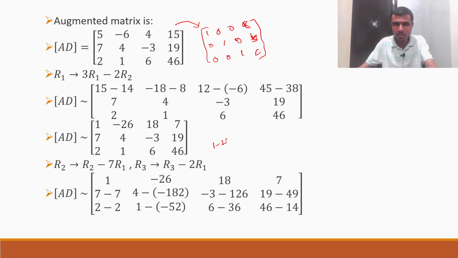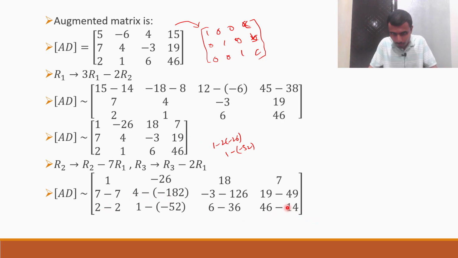1 minus 2 into minus 26, that means 1 minus 2, send it inside, 1 minus minus 52. Likewise 6 minus 2 into 18, it is minus 36. So 6 minus 36. Now 46 minus 2 into 7, it is 14.